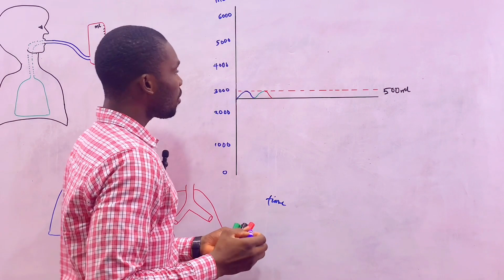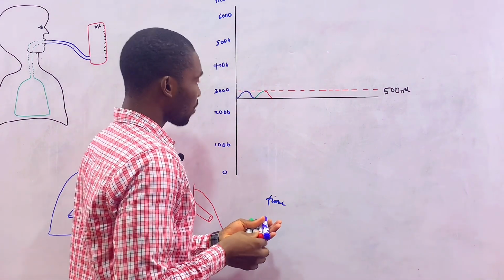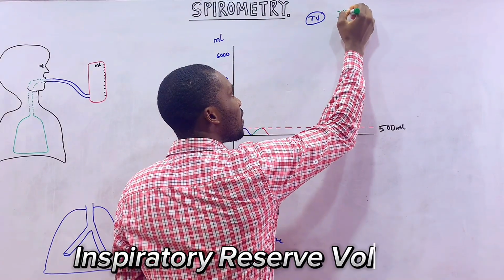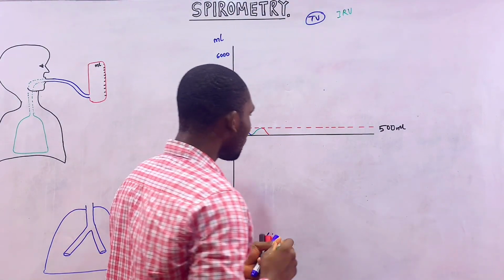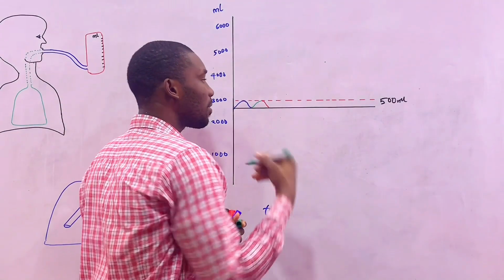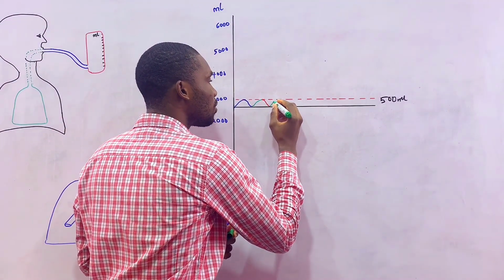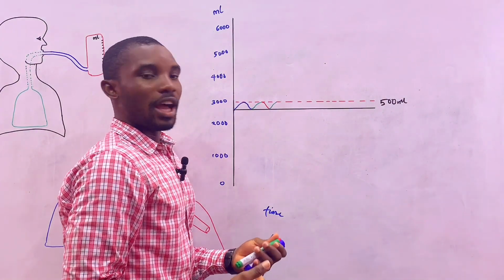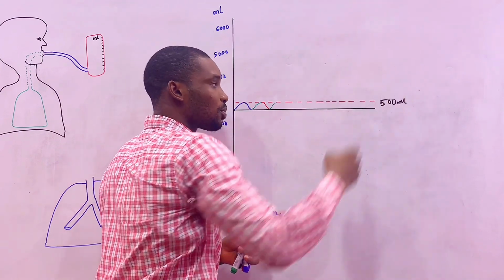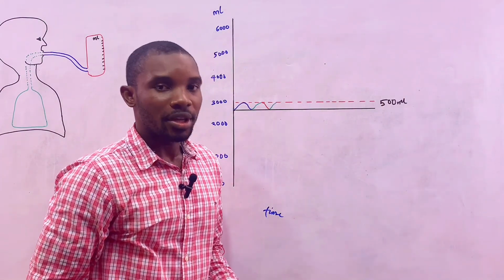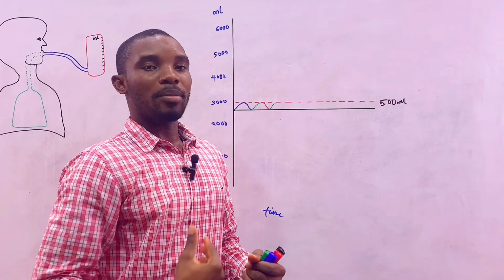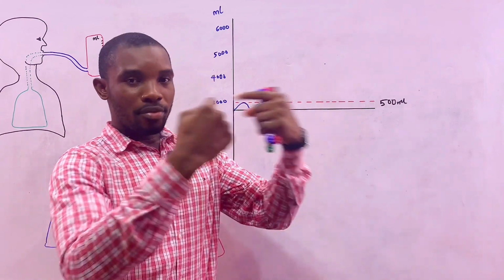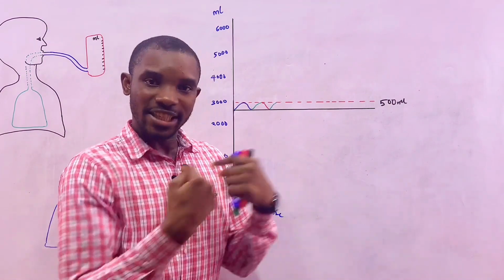Now, the next one we have is the inspiratory reserve volume. Remember that we've taken our inspired tidal volume. The inspiratory reserve volume is the extra amount of air you can take in after breathing in normally. So it's the maximum amount of air you can breathe in after normal inspiration.